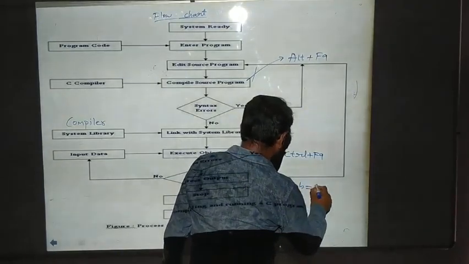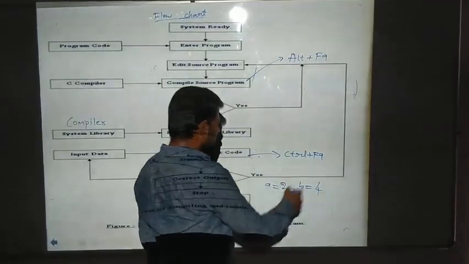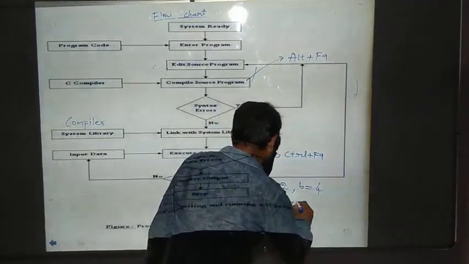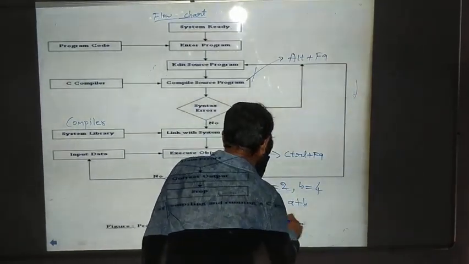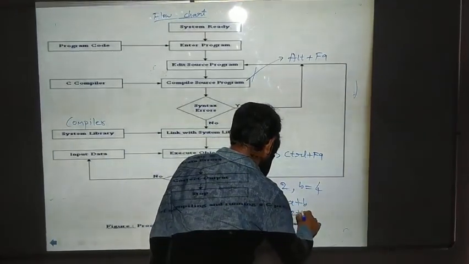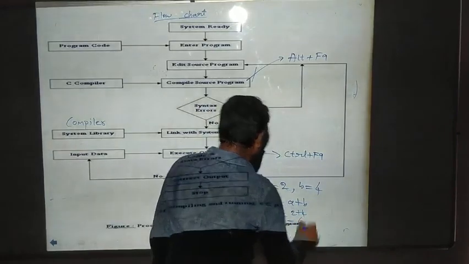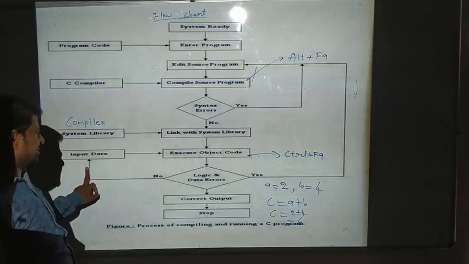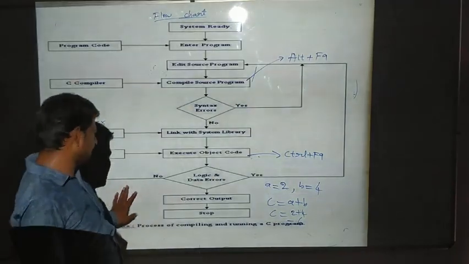If you give a is equal to 2, b is equal to 4, and you have written source code as c is equal to a plus b, what will you get? 2 plus 4, how much? We will get output as 6.